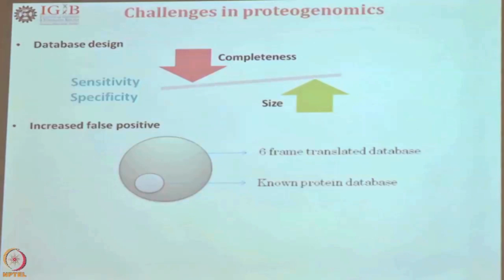Earlier we used to search, let us say, only the known proteins from Swiss-Prot, a limited number of proteins, with our mass spec data. In proteogenomics, I take all the theoretical ORFs in the case of prokaryotes, or translated transcriptomes in the case of eukaryotes, and inflate the database size. Now, when we inflate the database size, the chance of false discovery increases.